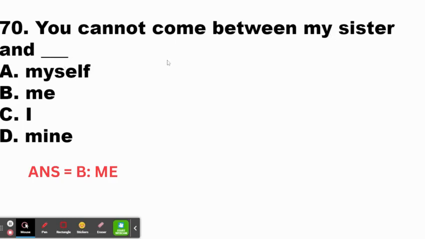So me is correct. How do you confirm this? Now remove between my sister and, just remove it. Now you use another preposition, maybe to. Can you say you cannot come to I? It's ridiculous. So me is the appropriate word there. You cannot come between my sister and me.